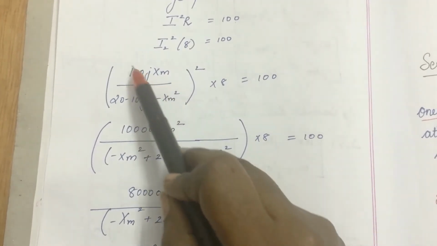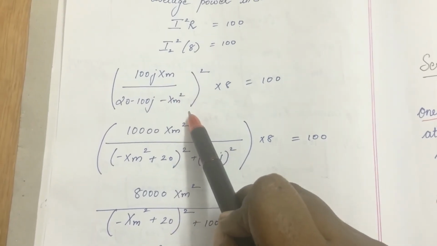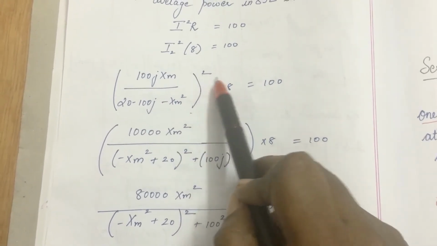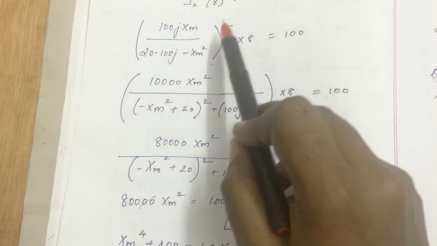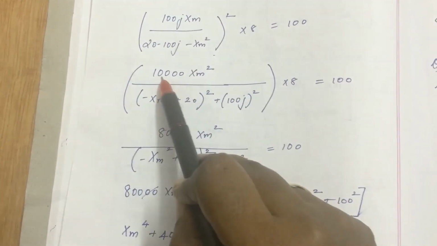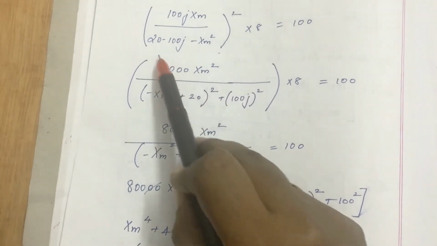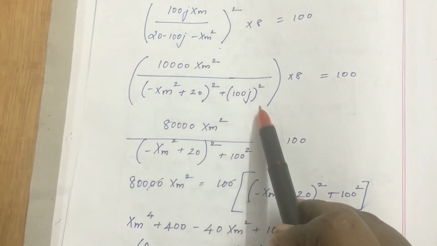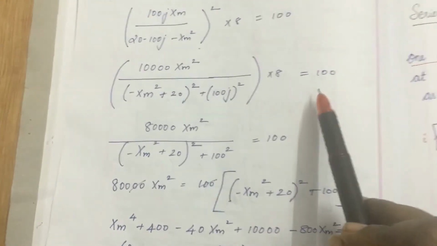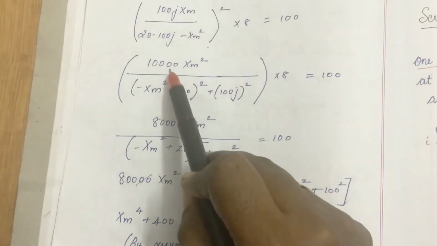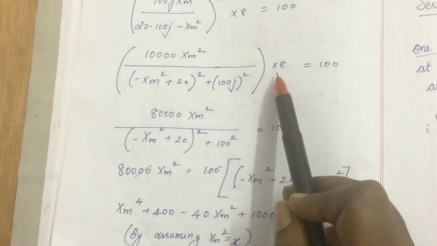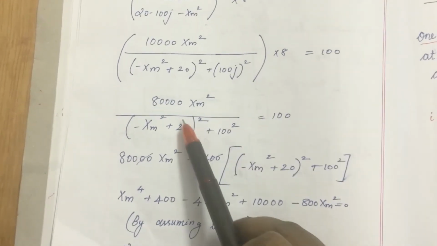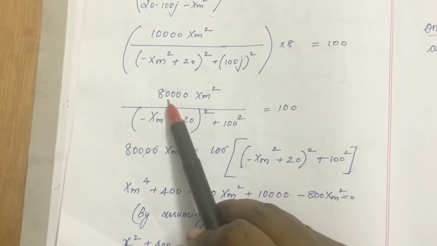So I write my I2 term here, whole square, into 8 is equal to 100. Next I take the square value of this, writing it as a plus b the whole square into this value, and I multiply my 8 here. So 10,000 into 8, I have got 80,000 XM square here.